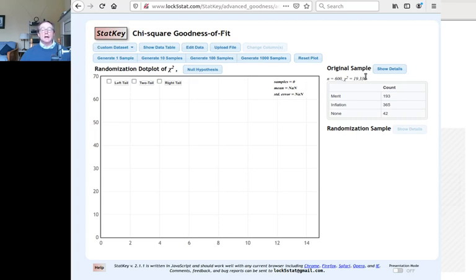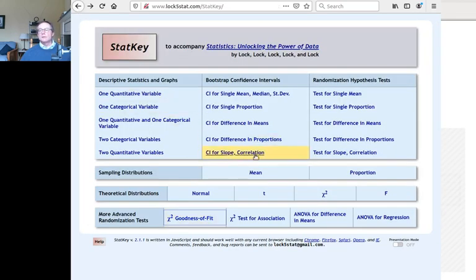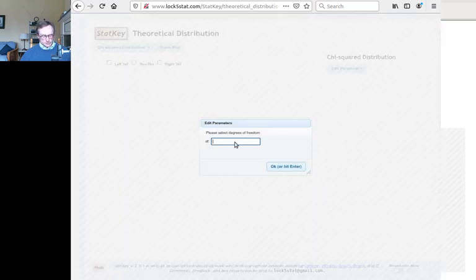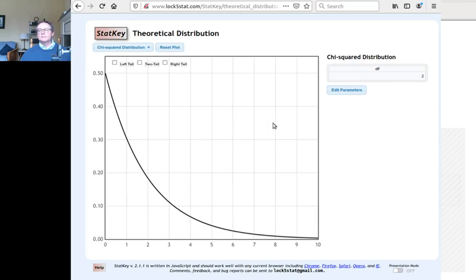I'm going to go to the chi-squared part of StatKey, and I'm going to enter 19.330, and it's going to tell me how likely is a 19.330. So just like the z-score, just like the t-score. So back I go to the chi-squared section, and I'm going to say degrees of freedom is 2 because there are 3 categories, and I'm entering here 19.330.